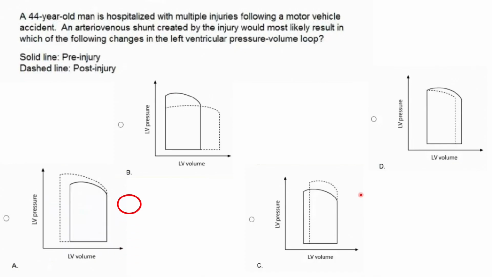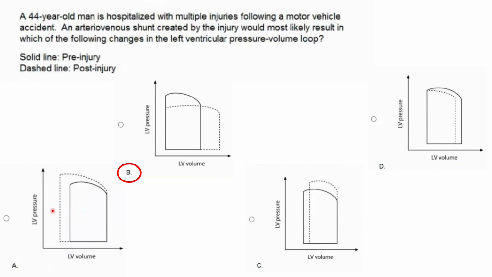preload. So if you take a look here, which curve shows you less afterload, which means that the pressure is down, the left ventricular systolic pressure goes down, and more preload, which means that this point, end diastolic volume, goes towards the positive side. So more preload, less afterload.